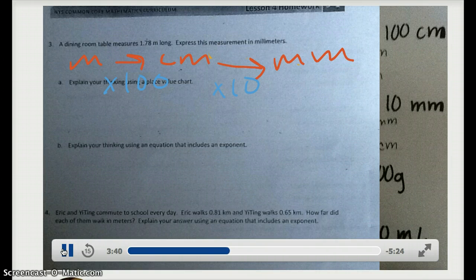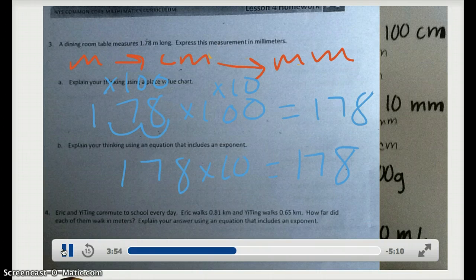So what you need to do is take 1.78 times 100, which gives us 178. Then we take 178 times 10, that gives us 1,780.